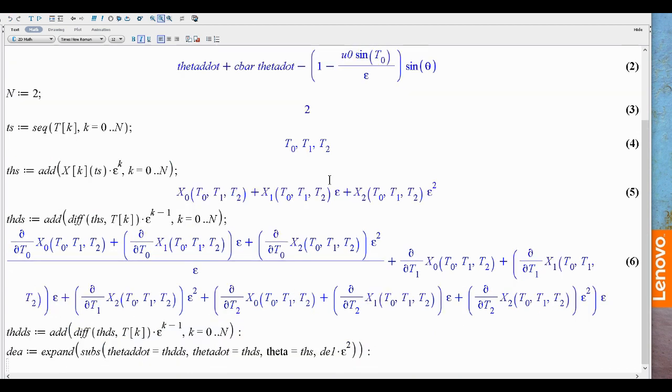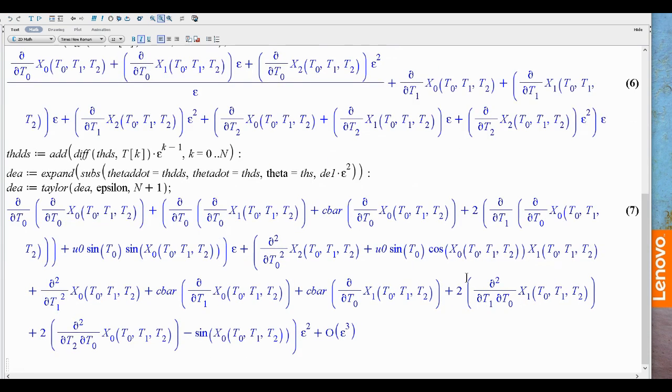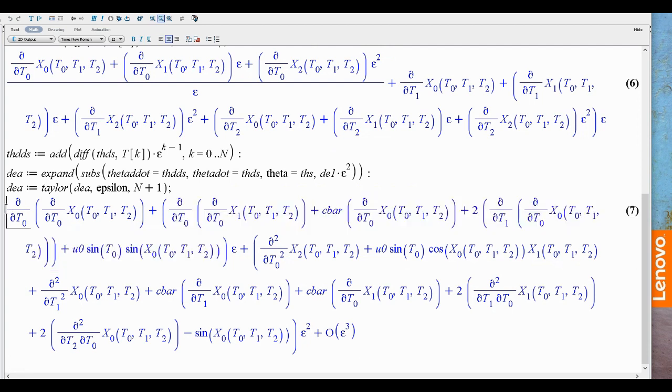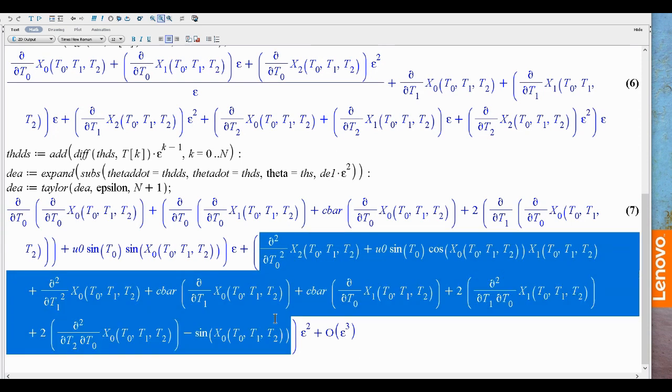Then I say DEA is equal to Taylor DEA epsilon n plus 1. I don't know where we'll land, but we'll see. Let us look at it. Okay, so here we are. This is all order epsilon. This part is order 1. This part is order epsilon square, and I think we are in good shape.